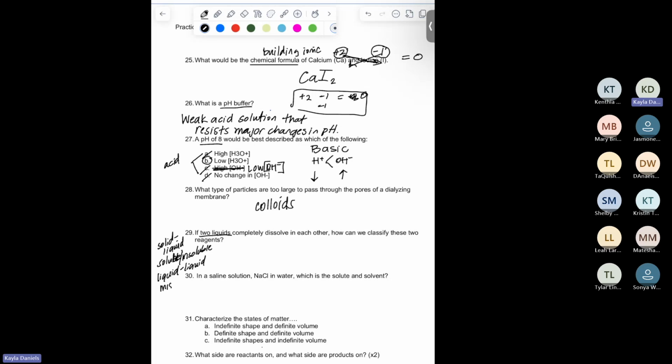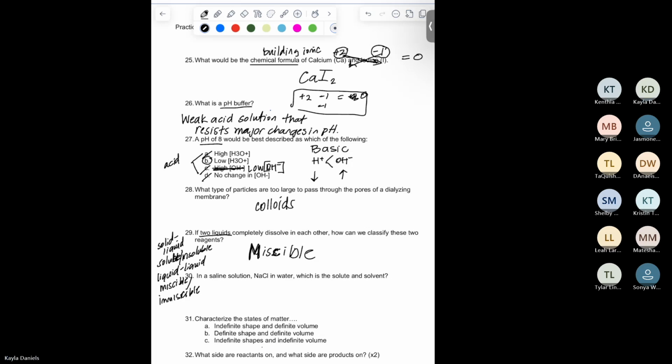Miscible would be they completely dissolve, they're like each other. I don't really know how to spell this, but I'm pretty sure it's that.